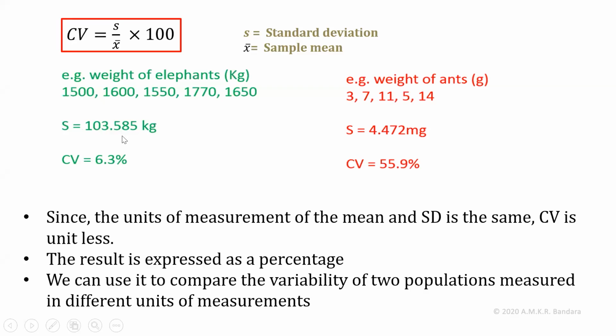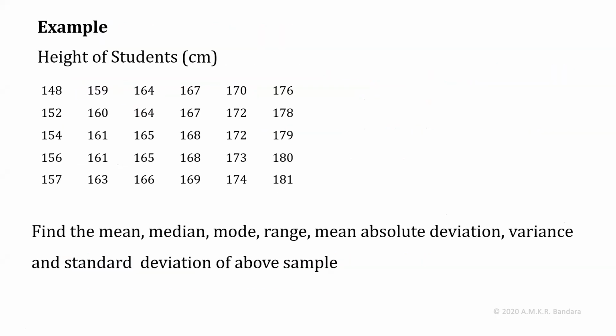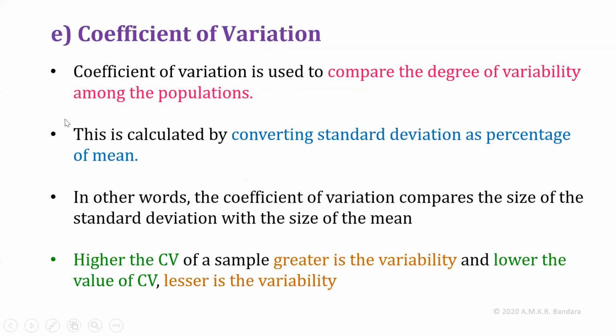Therefore, statisticians have suggested another measure of variability called the coefficient of variation. Coefficient of variation can be used to compare the variability of two different populations. We represent it as CV. CV is calculated as standard deviation divided by sample mean, multiplied by 100.